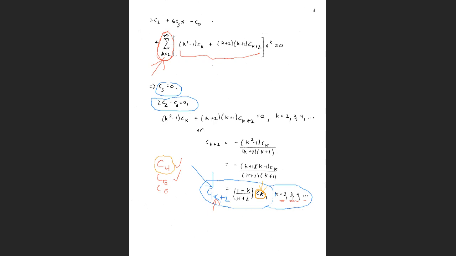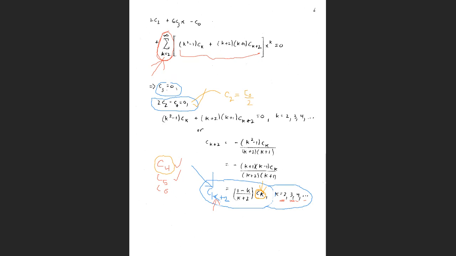In order to find the value for C sub 2, well, 2 times C sub 2 minus C sub 0 equals 0. So I can solve that for C sub 2. This just means that C sub 2 is equal to C sub 0 over 2.